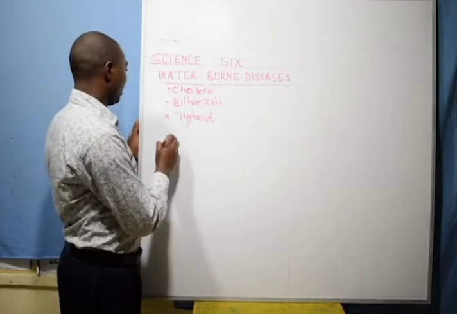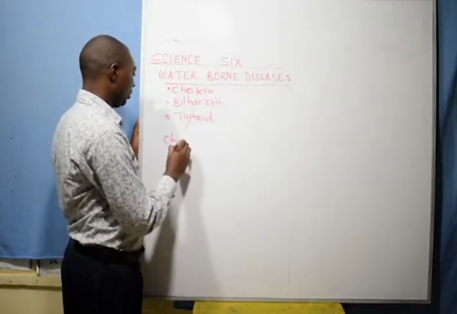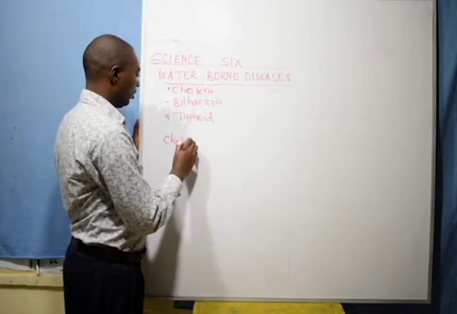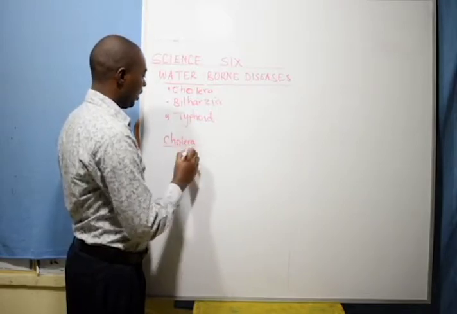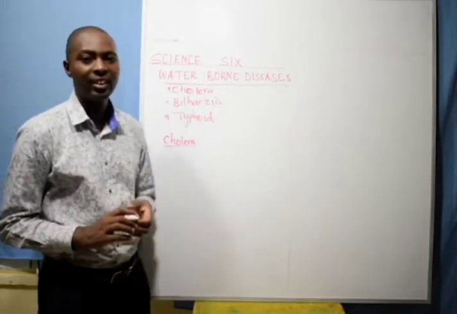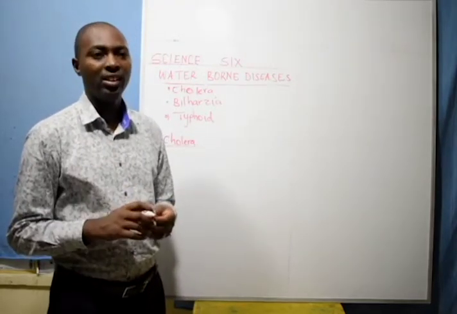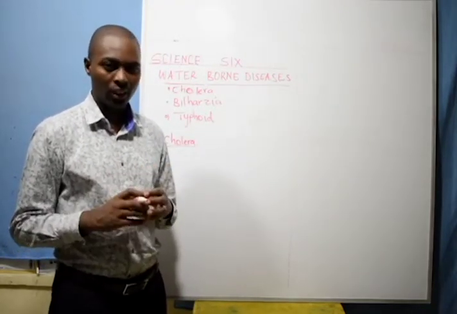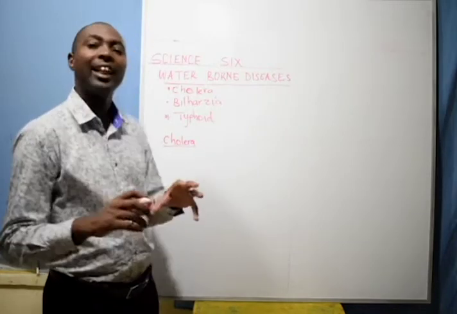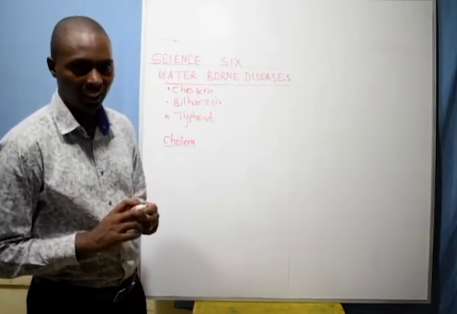To start with, I want to mention more about cholera. Cholera, being one of the waterborne diseases, is caused by drinking contaminated water or food that has been contaminated.